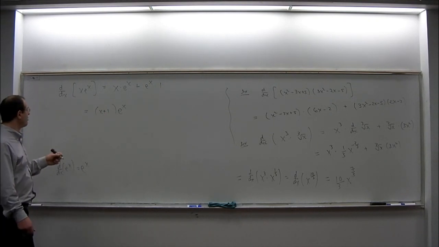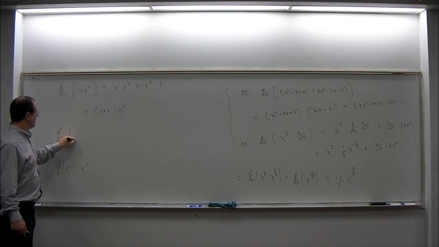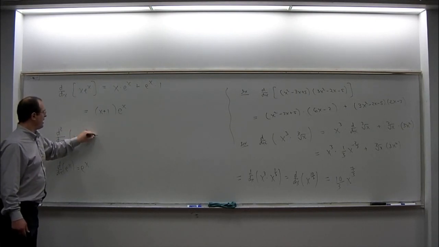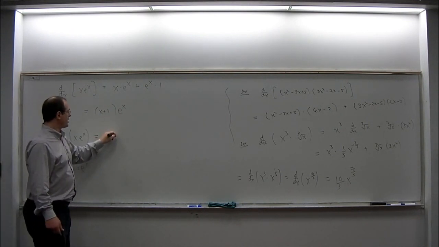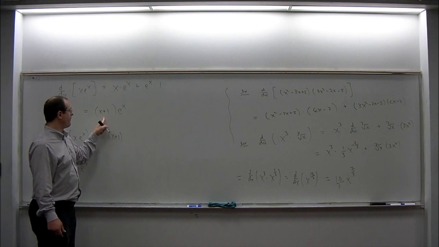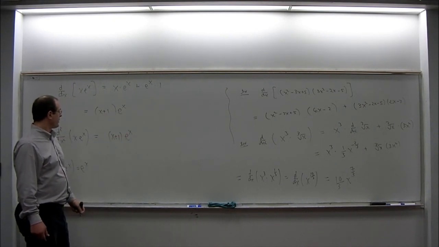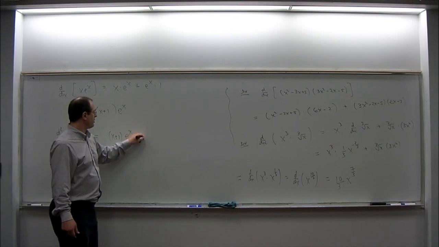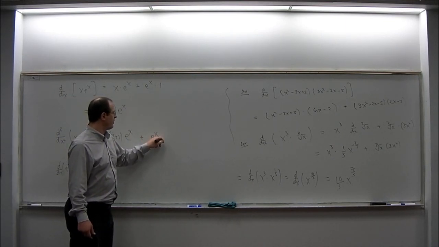Let's take the derivative again. So what is the second derivative of x e to the x? We take the derivative of this. It's x plus 1, the first, times the derivative of the second, plus the second times the derivative of the first.